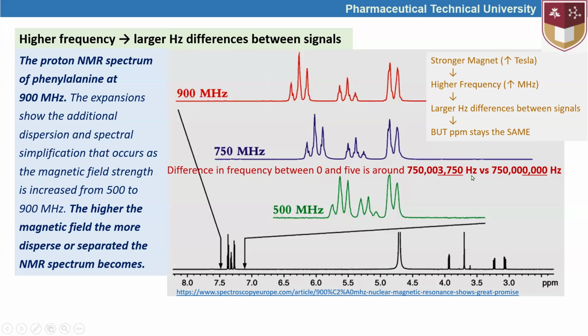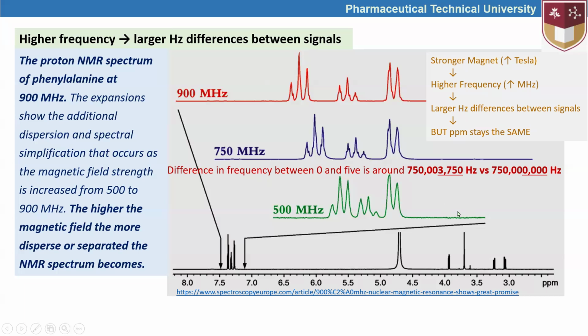3,750 hertz. So the difference in the radio frequency between the 0 point and the 5 point is very little, very little. Compared to the parts per million ratio, the difference between them is 3,750.